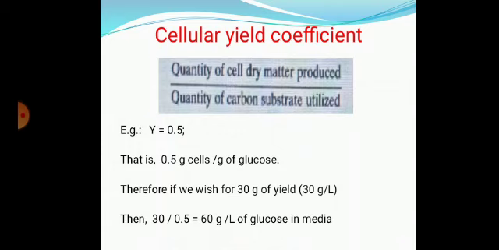So the calculation is: cell dry mass required is 30, divided by the substrate utilized, that is 0.5, which is 60 grams. So if you supply 60 grams of glucose, you will get 30 grams of yield. That is what cellular yield coefficient is.